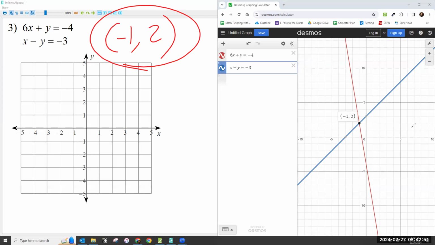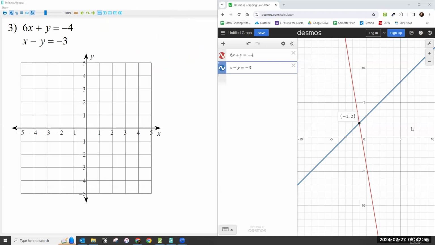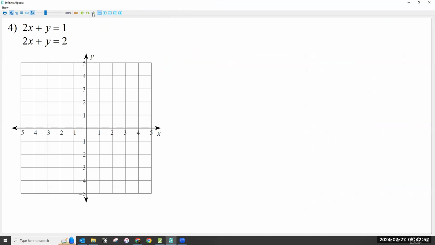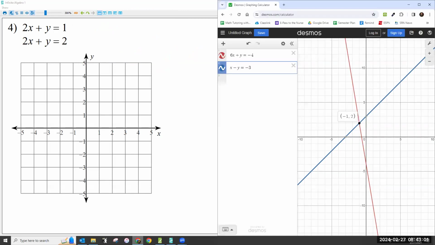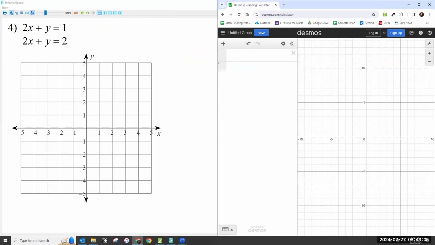Try one more just to show how we typed in. Bring in Desmos. Type in 2x plus y equals 1.